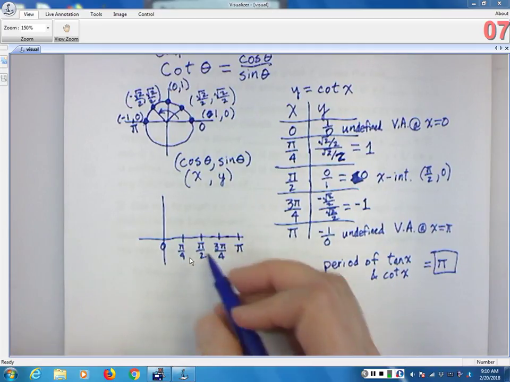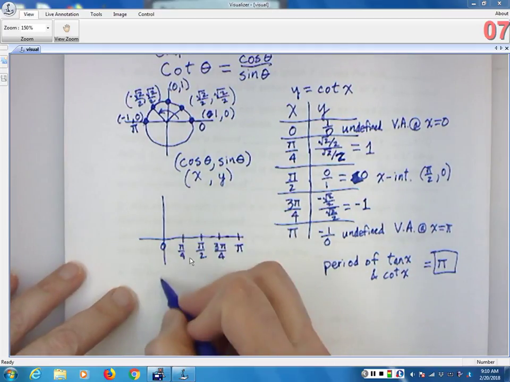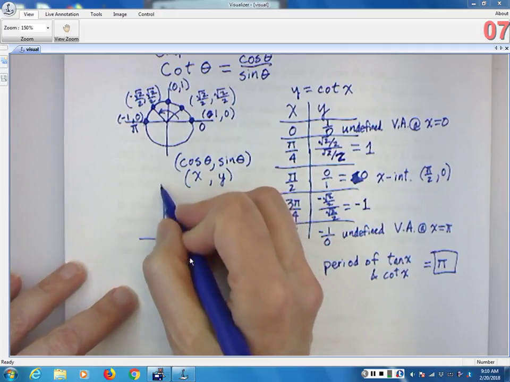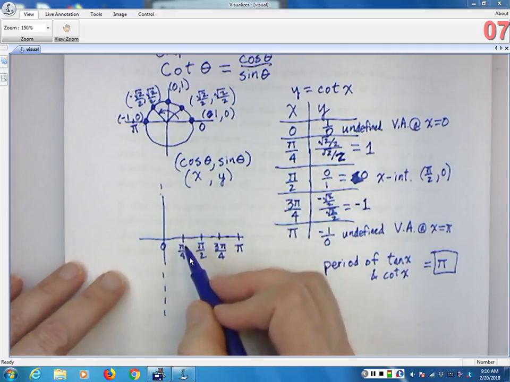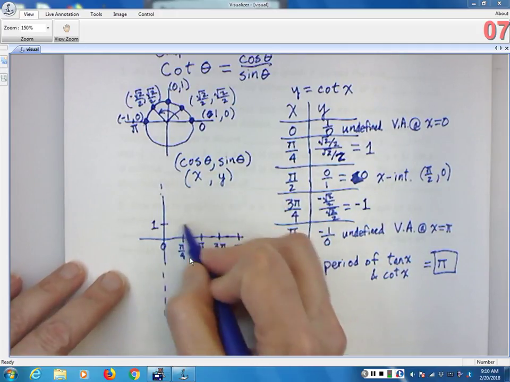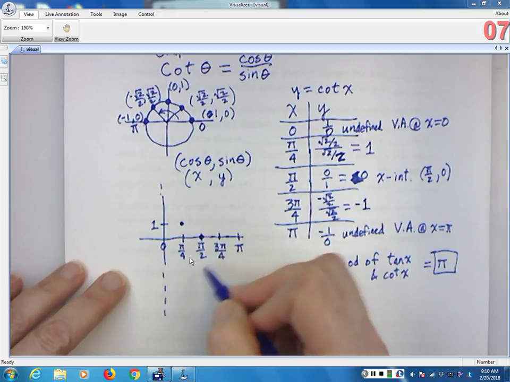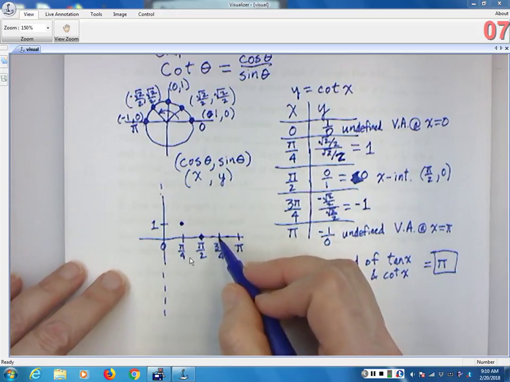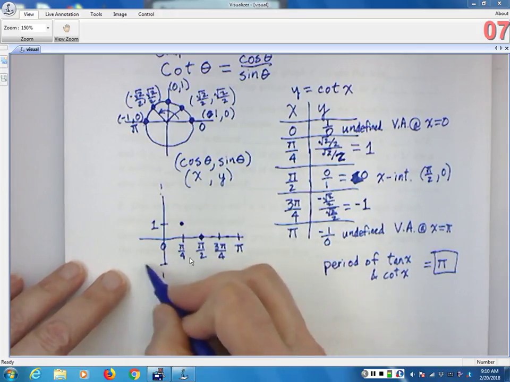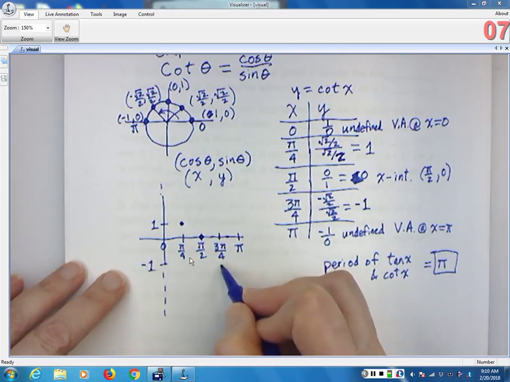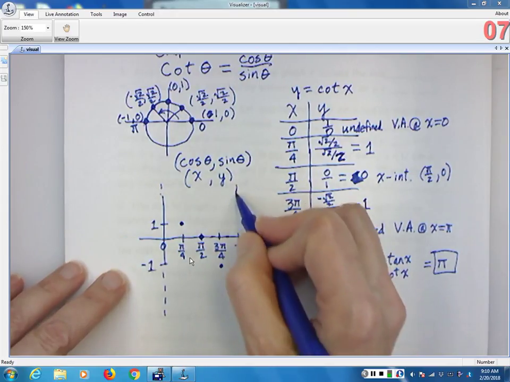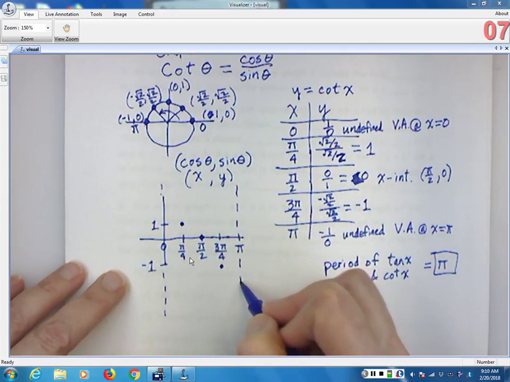So, this is a vertical asymptote. At pi over 4, we're up at 1. At pi over 2, that's an x-intercept. And then we're down at negative 1 at 3 pi over 4, and then this is a vertical asymptote at x equals pi.